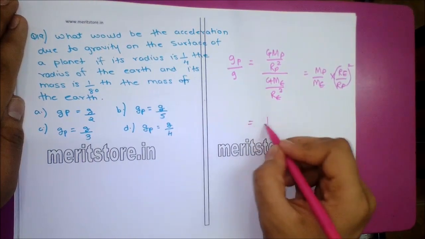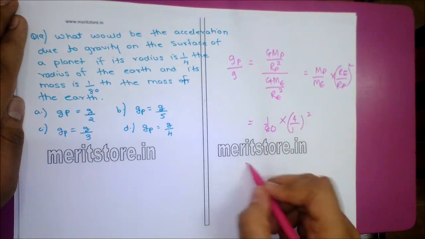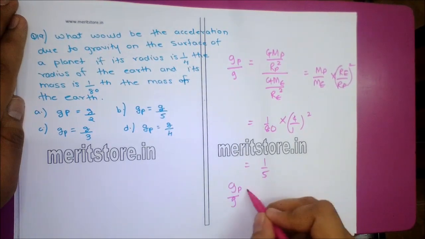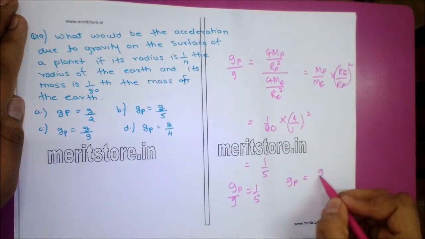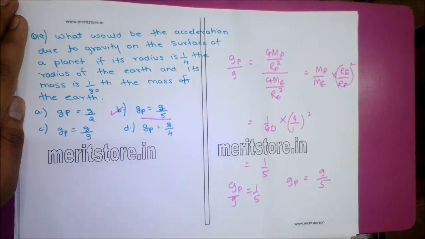Now 1 by 80 into 4 upon 1 square, which is equal to 1 by 5. So gp upon g is equal to 1 by 5. So gp can be written as g upon 5. So option B, g upon 5, is the correct answer.